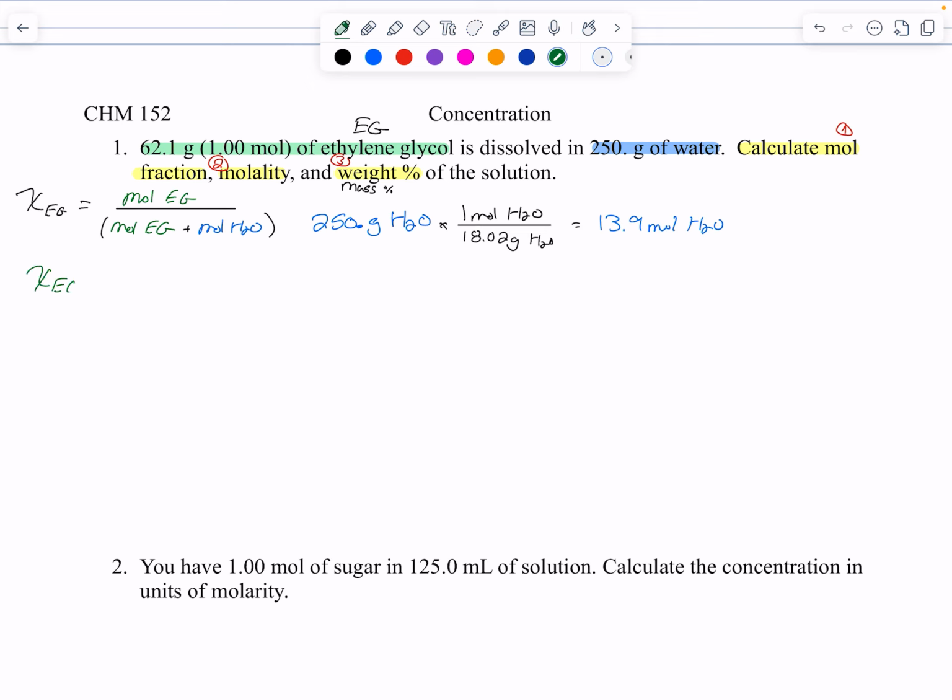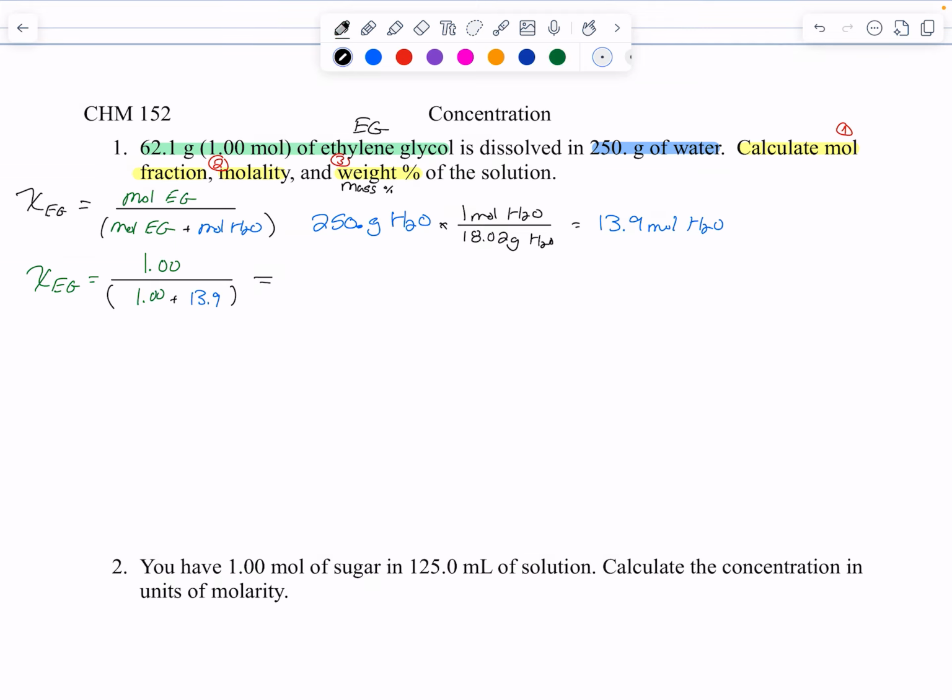All right, so now we can do the mole fraction. The mole fraction of ethylene glycol would be what here? Looks like 1 mole over 1 plus our 13.9. And it's really 1.00, right? We probably should write that out.